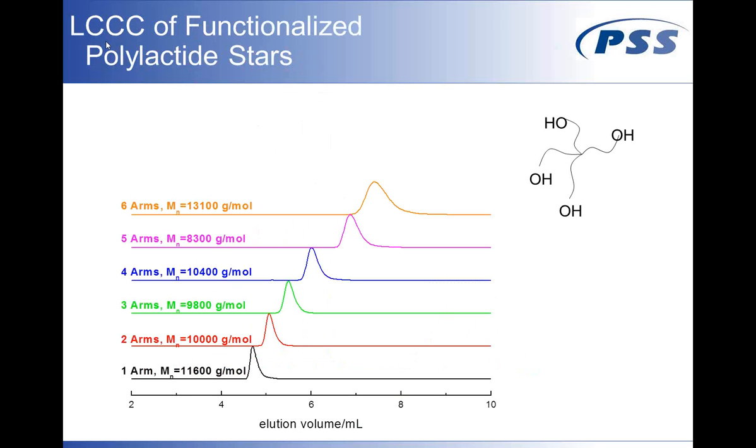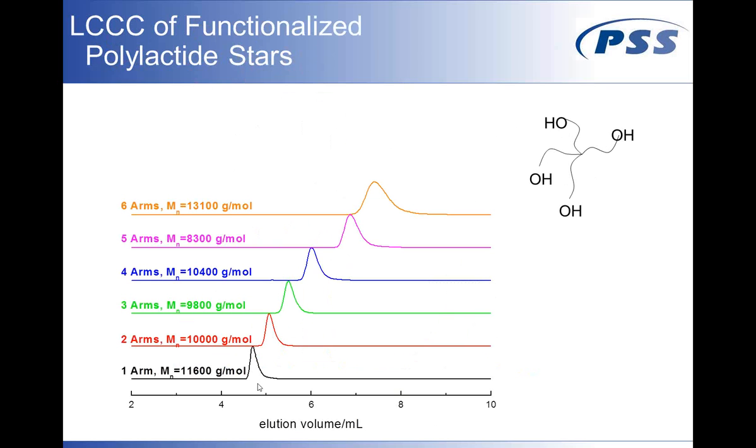Another example of how it is possible to separate by liquid chromatography by the functionalized end group is shown here. What has been done here was a separation of polylactide stars, and each of these stars has at its arm end an OH functionality.